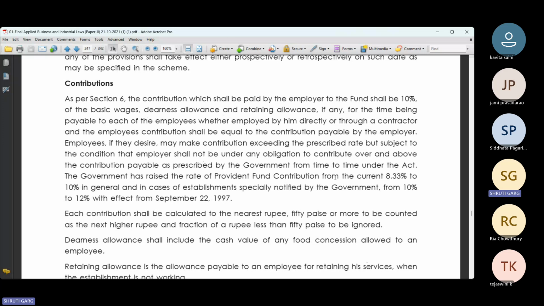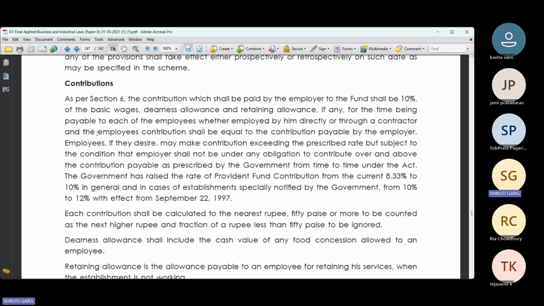How? As per section 6, the contribution which shall be paid by the employer to the fund shall be 10% of the basic wages, dearness allowance and retaining allowance, if any, for the time being payable to each of the employees, whether employed by him directly or through a contractor.